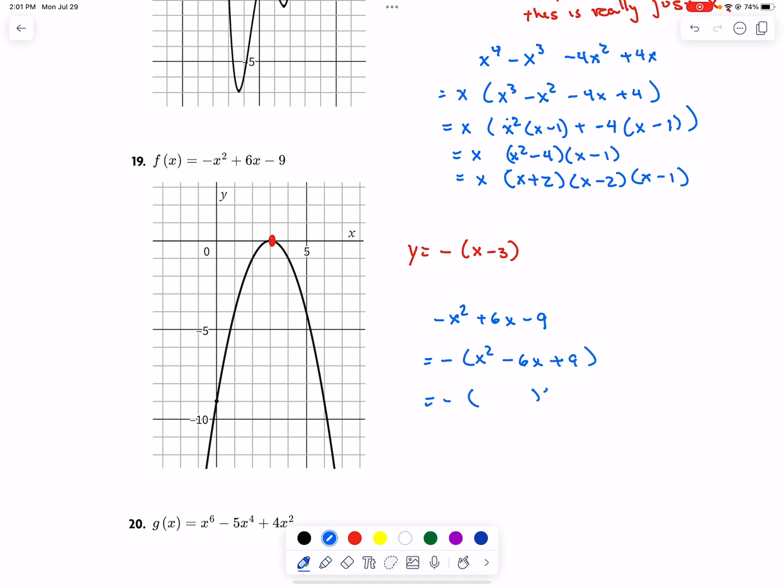Ah, x squared minus 6x plus 9 does factor nicely. Okay. Oh, so the root is a double root. And we can tell it's going to be a double root because it bounces off the x-axis.